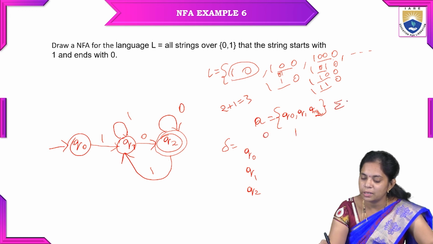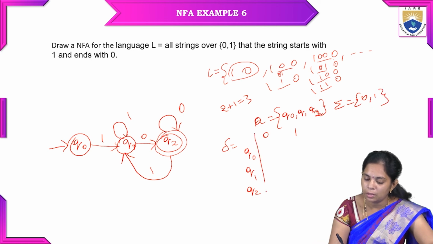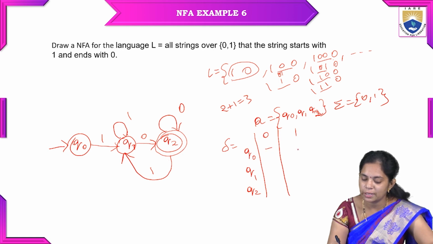So here sigma is equal to 0, 1. From Q0, for input symbol 0 there is nothing, and for input symbol 1 it is reaching Q1. And from Q1, for input symbol 0 it is reaching Q2, and for input symbol 1 it is reaching Q1.